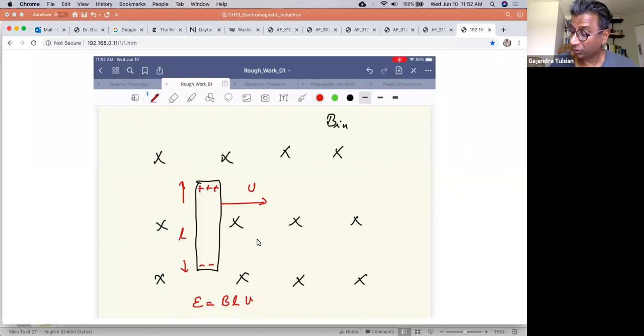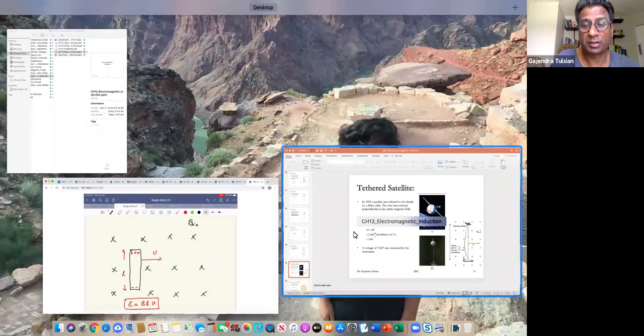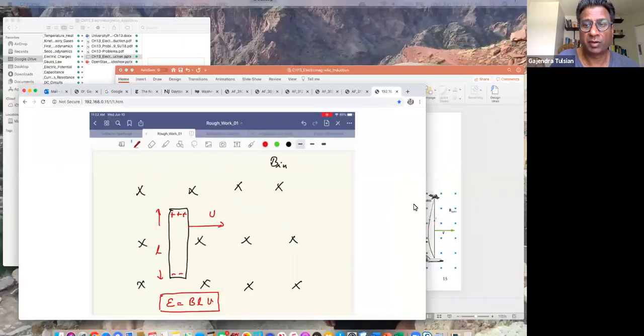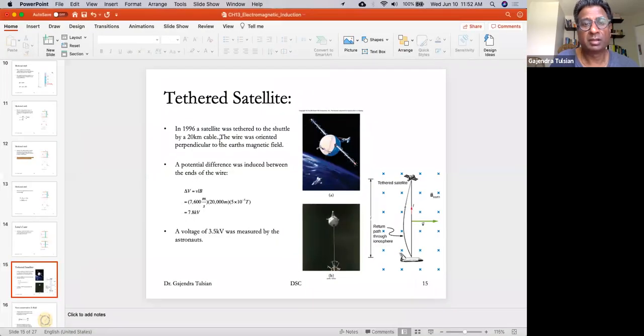All right, so people wanted to check this. We've done many checks and experimental verification of it, but it was important enough that they checked it using the space shuttle.